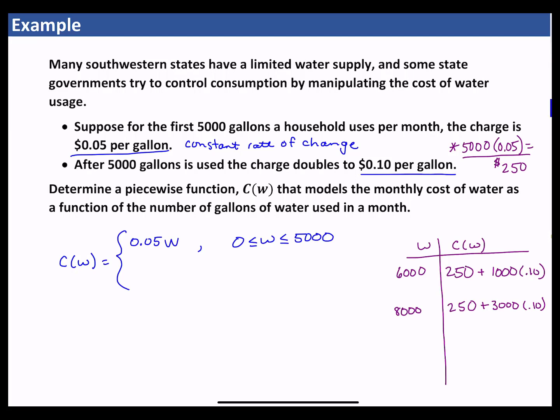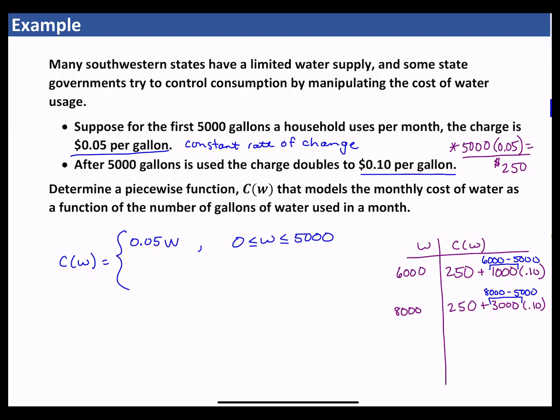So we could think of it like this. We took 10 cents per gallon and we multiplied that by 6,000 minus 5,000. Or when we had 8,000 gallons of water used, we took the 10 cents and we multiplied it by 8,000 minus 5,000.